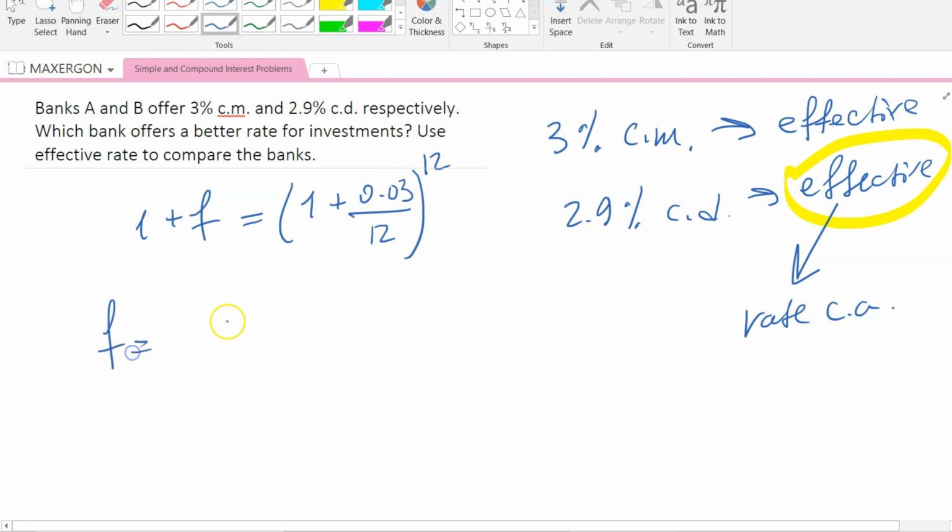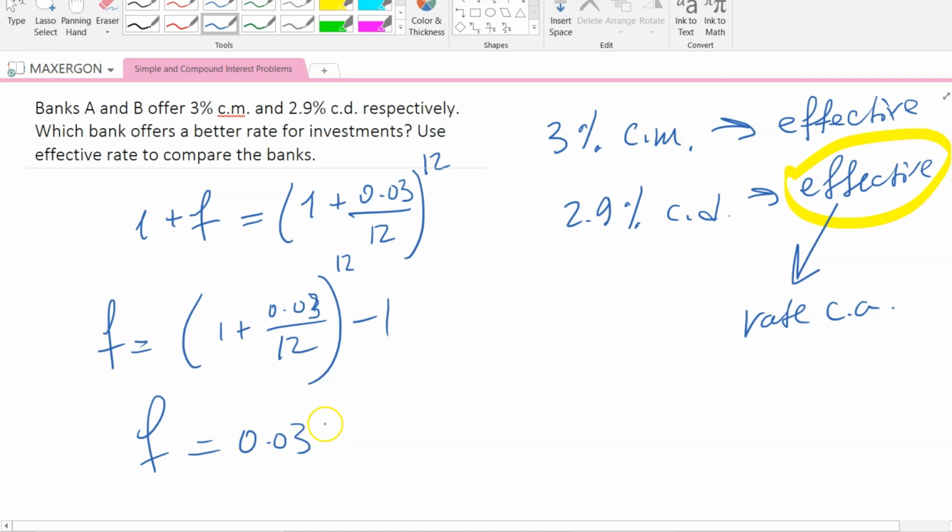So from here we find f, which is 1 plus 0.03 divided by 12, exponent 12, minus 1. So this F is the rate equivalent to 3% compounded monthly.